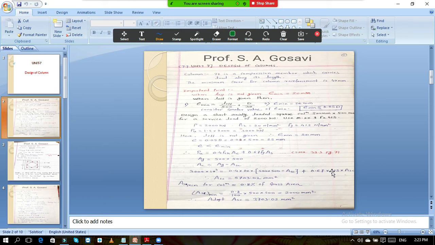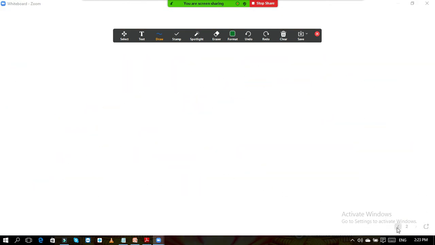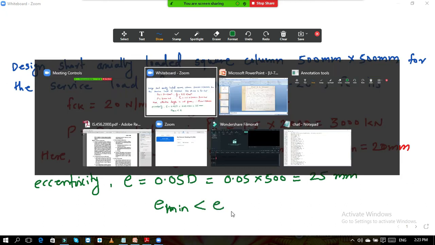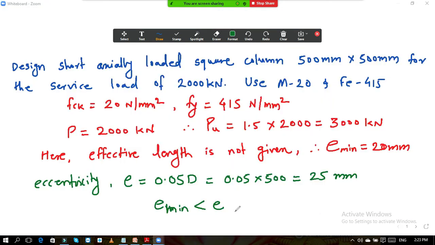Now, E minimum is less than E. I have already told you E minimum should be less than or equal to E.